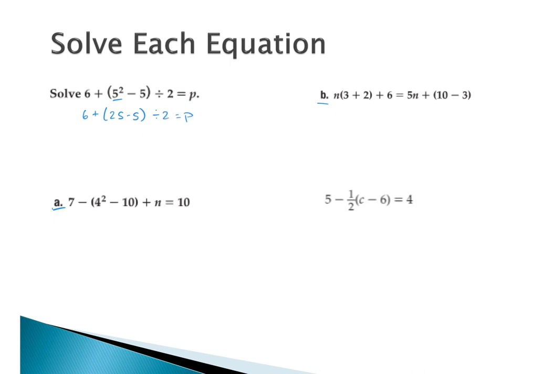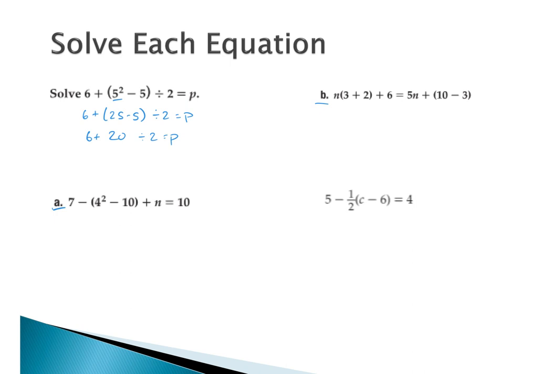Still working in the parentheses, I'm going to deal with the 25 minus 5. 6 plus 20 divided by 2 is equal to P. All right, now do you see there's nothing left in the parentheses except for the 20? So since there's nothing else in there, I'm going to actually erase those parentheses and just leave the 20 there, because the parentheses are not doing anything anymore.